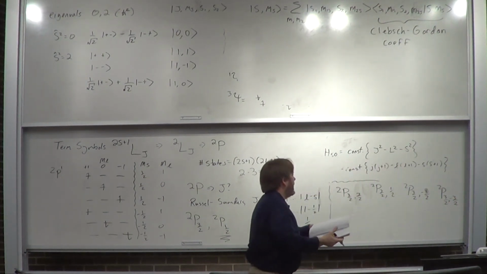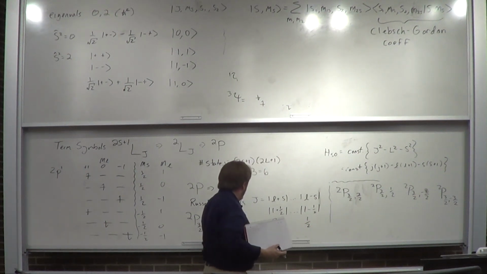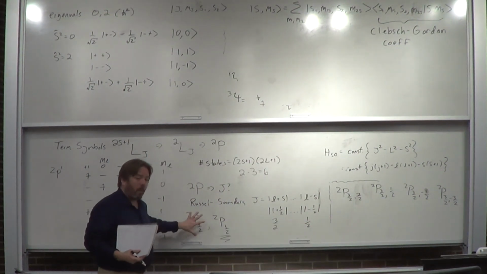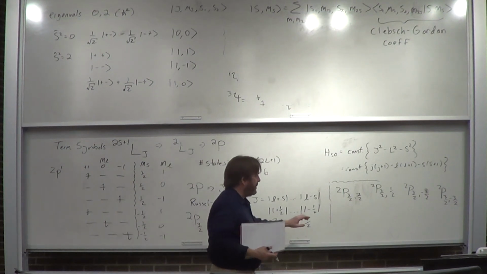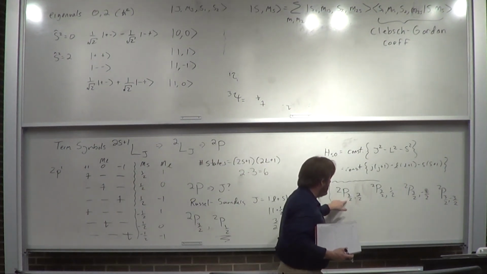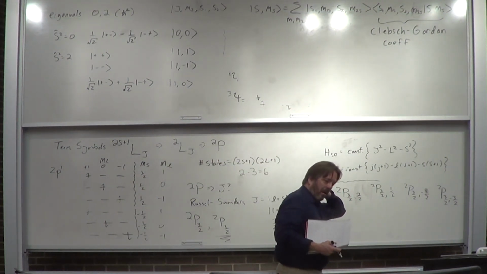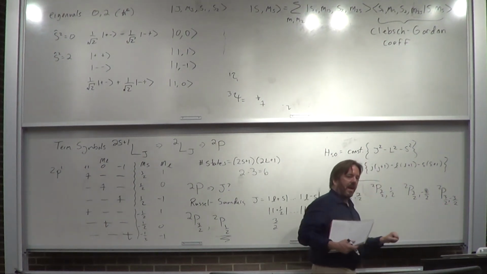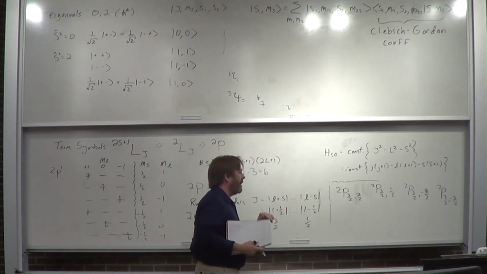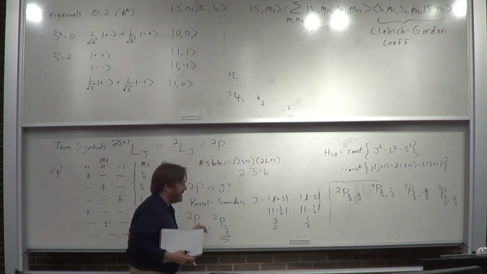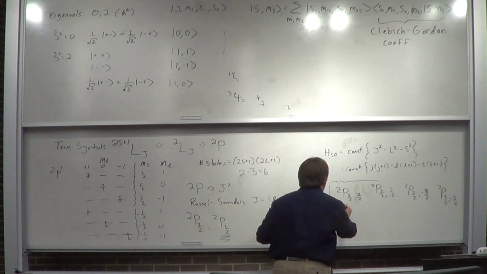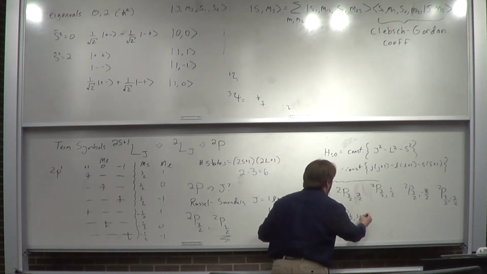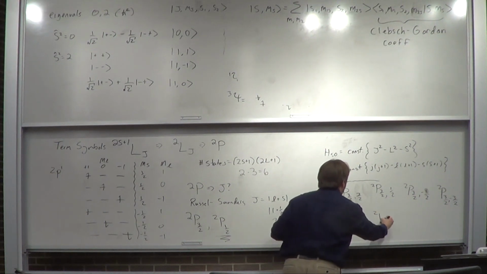So again, this guy actually has 4 states available to it. 3 halves, and that's the J, and the M sub J are just J, J minus 1, J minus 2 to minus J. 3 halves, 1 half, minus 1 half, minus 3 halves. So there's actually 4 of these. Now, the 2P 1 half has, of course, an M sub J of plus a half and an M sub J of minus 1 half.